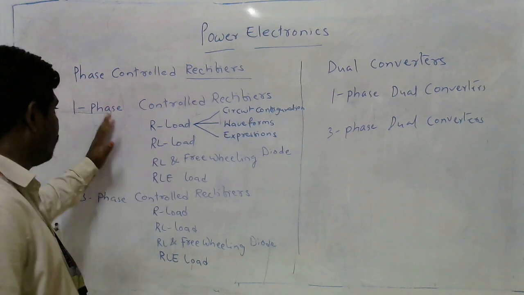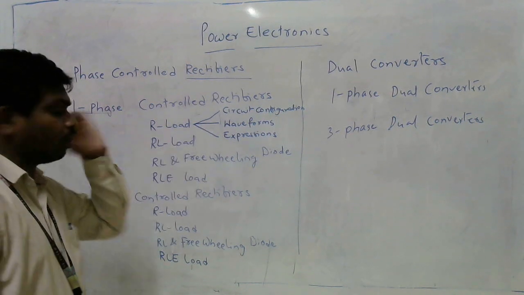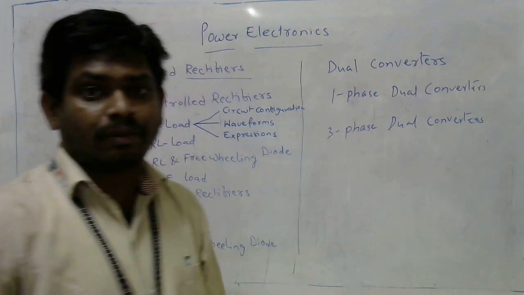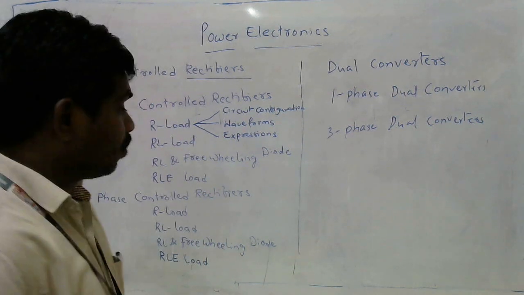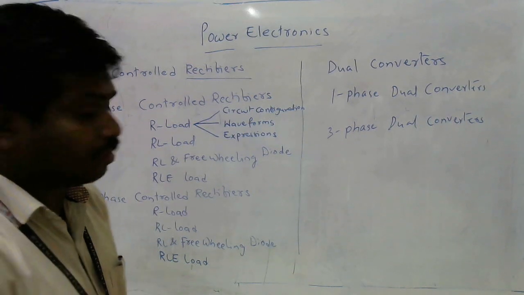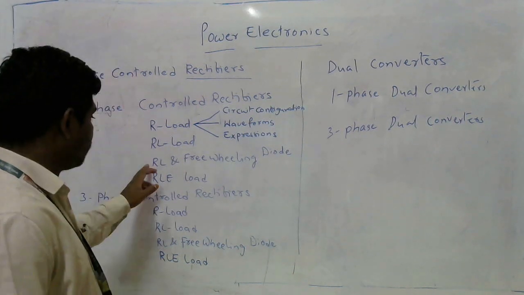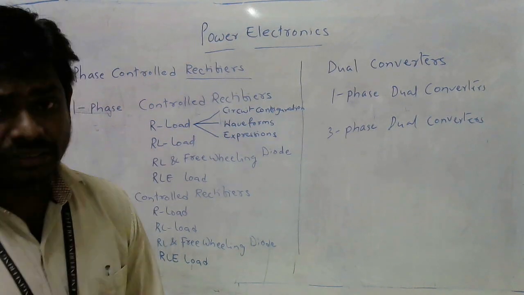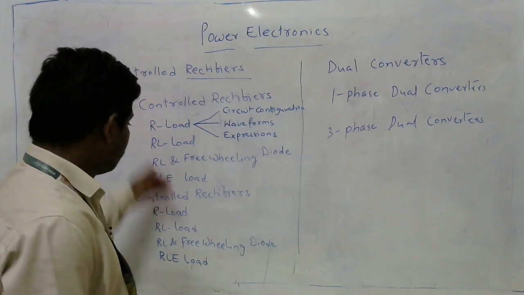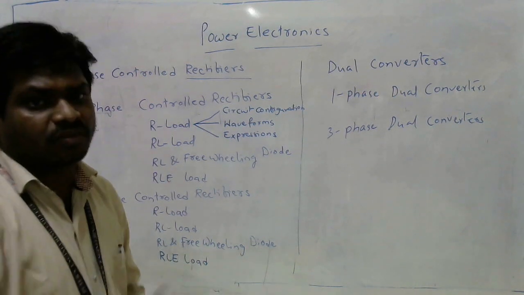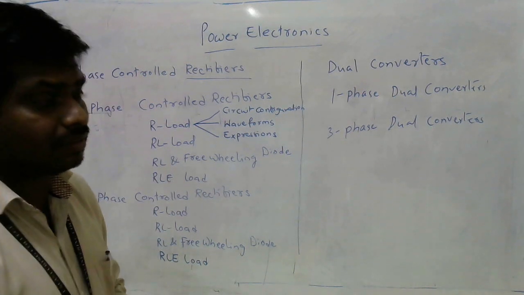For example, single phase control rectifier with R load gives first quadrant operation only, meaning voltage is positive and current is also positive. When you go for the RL load, we get two quadrant operation. Like that, when we see all these together, different types of quadrant operations are available.